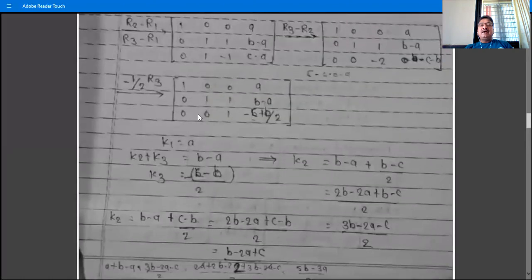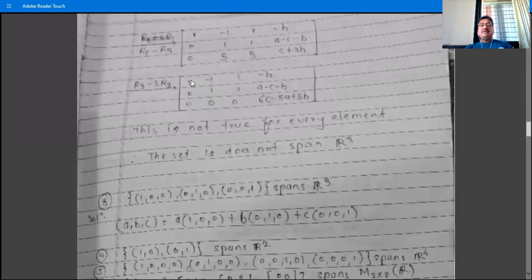Or after rewriting like this, after the augmented matrix, if you observe the previous example, after rewriting the equations, what do we have? We have the first equation as K1 minus K2 plus K3 is equal to minus B, K2 plus K3 is equal to A minus C minus B, and the last equation is 0 is equal to 6C minus 5A plus 8B.